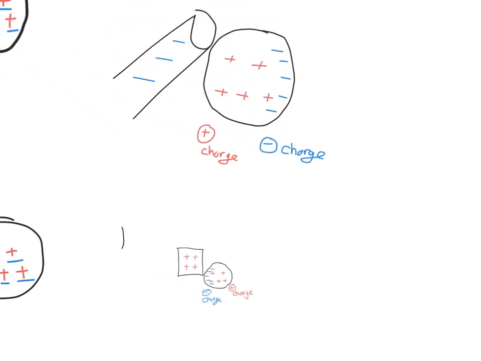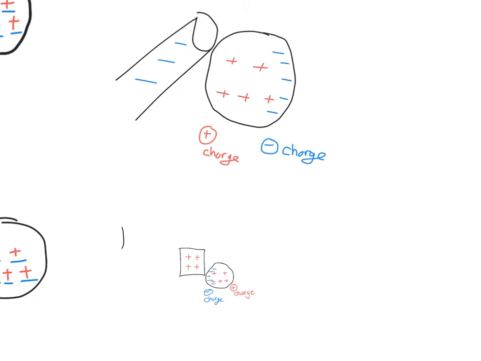In our initial object, we had a negative charge on the right-hand side because they're trying to escape, they're repelling. And in our second object, they're actually on the left-hand side because they're trying to move as close as possible. They're attracted. In both cases, they're temporary charges because as soon as I move this object, those electrons are going to distribute throughout the entire object, making it neutral again.